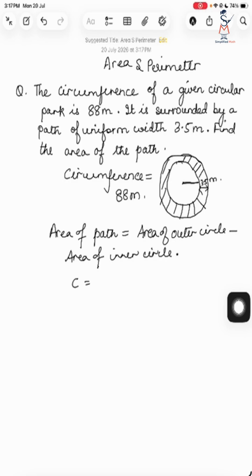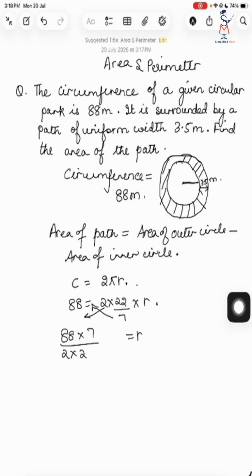Now we know circumference is 2 pi r, right? So 88 is equal to 2 into 22 by 7 into r. So r is 88, 7 goes up and 2 and 22 comes down. 8, 2, 4, 2.